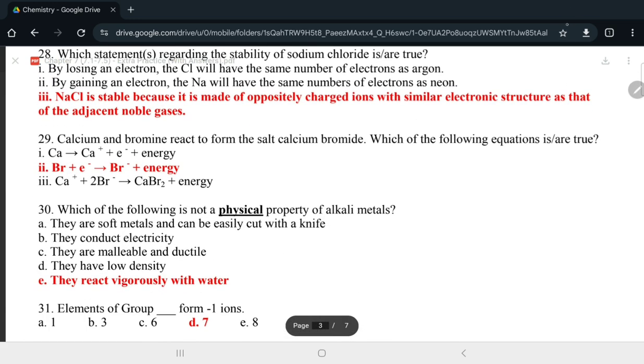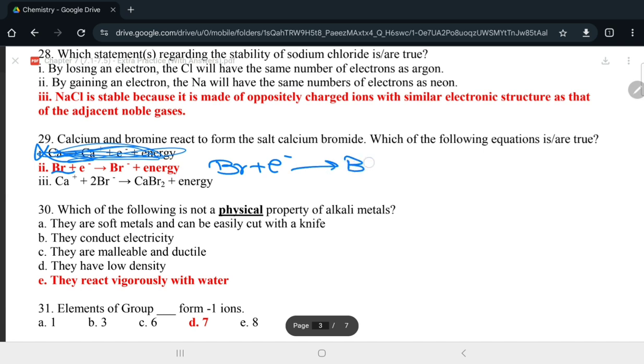Calcium and bromine react to form the salt calcium bromide. Which of the following equations is true? Okay. Calcium gains an electron. Calcium does not gain an electron, so this statement is wrong. The second one, bromide, or here it's bromine, gains an electron, okay?